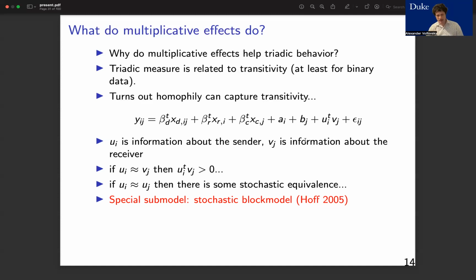And as a special submodel, you can think about stochastic block models as living in this class. And in fact, we're going to leverage that idea in a second to expand this model to allow for essentially similar behavior to these multiplicative effects to pervade our predictors as well.